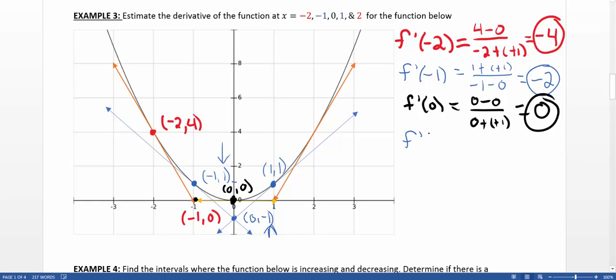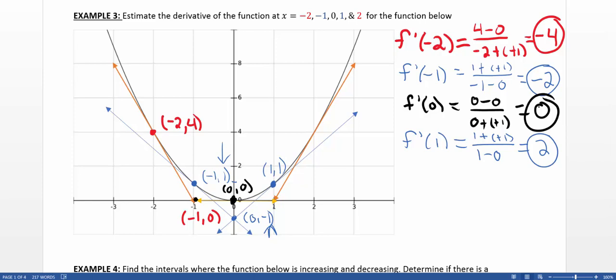So to approximate the derivative at 1, we're going to do the change in y, so 1 minus -1, divided by the change in x, 1 minus 0. Again, if you subtract the negative, those cancel. So we end up with 2 divided by 1, which is +2. We're expecting a positively sloped line because that blue line looks like it's going in the upward direction. So we were expecting a positive result.